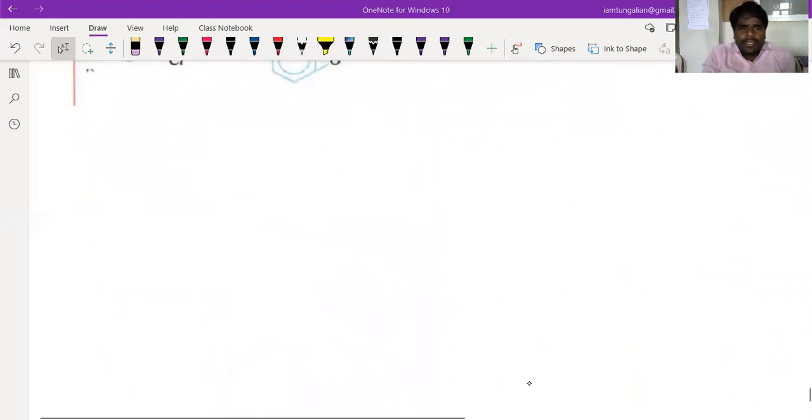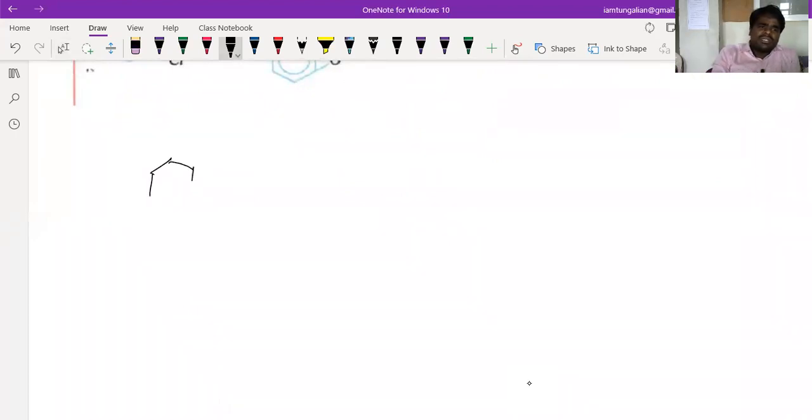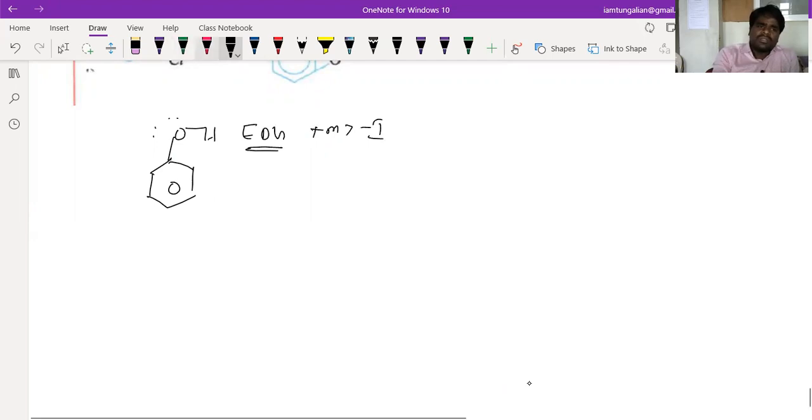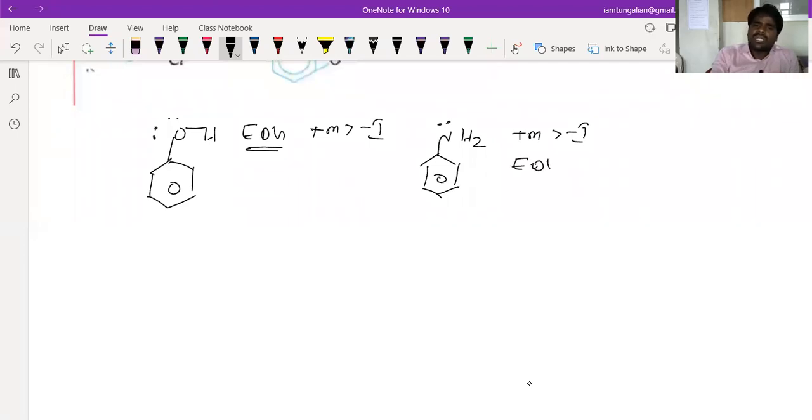On benzene, if any atom or group is there, this hydroxy group is electron donating, with plus M and minus I, and the overall effect is electron donating. If I take the NH2 group, this also acts as plus M as well as minus I. What is dominant? Plus. Hence you call it electron donating beta.